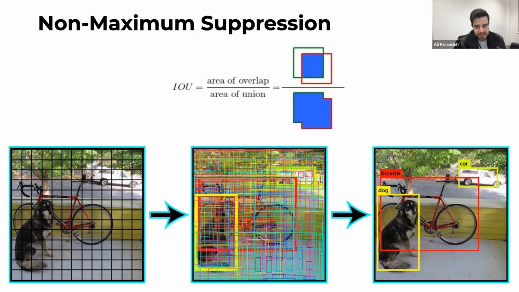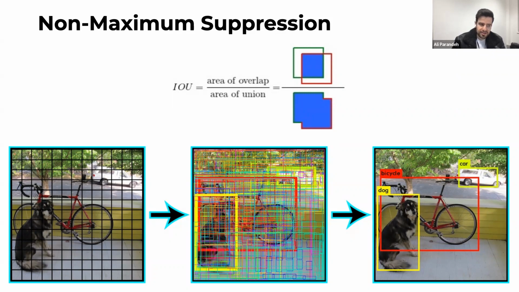and then you use the IOU in conjunction with the overlapping bounding boxes to suppress all those bounding boxes that are non-maximum or non-dominant. You keep the dominant bounding boxes for each class, and you get rid of all the other bounding boxes that have a lower prediction score. So it's a two-stage process.